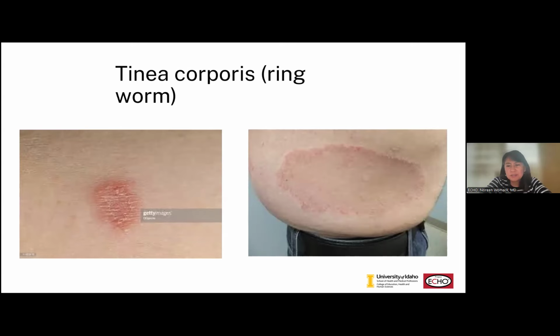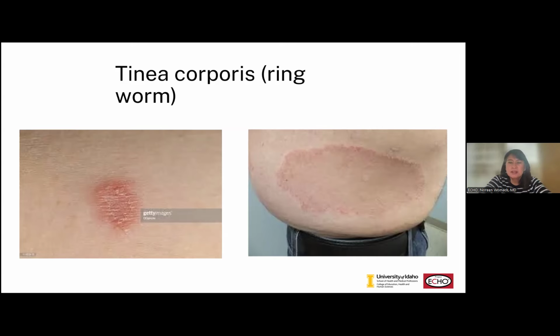If you biopsy the middle of that lesion on the right-hand side, you're not going to see any fungal elements or hyphae. But if you biopsy the active border, then most likely you'll find some fungal elements or have something grow on a fungal culture.